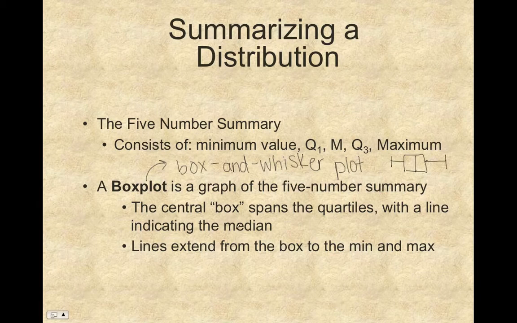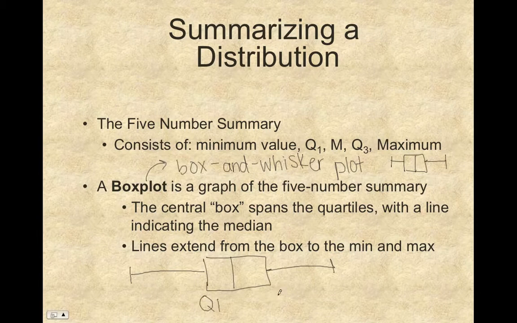It is a graphical display of the 5-number summary. So let me draw a bigger version of it down here. The box in the middle spans the two quartiles. And so the box begins at quartile 1 and ends at quartile 3. The line is the median, and then the whiskers span out to the minimum and the maximum.